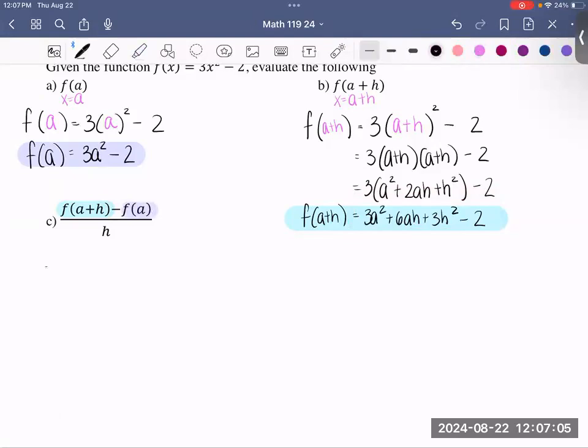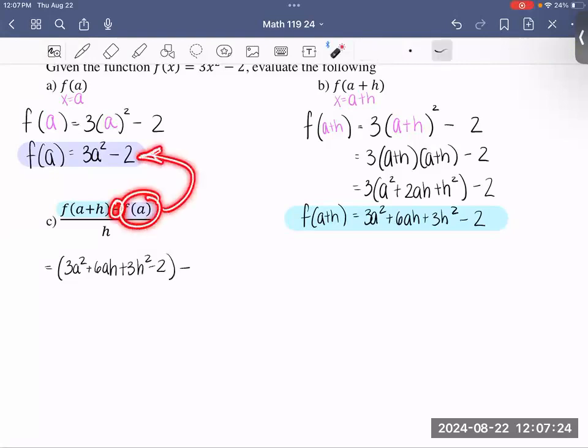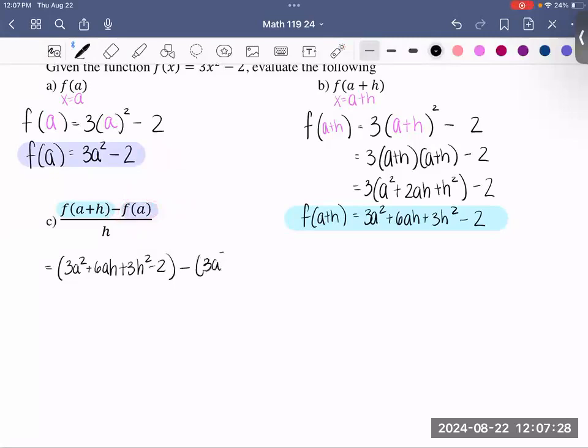So what that's going to look like, and pause the video if you want to write it, is we're taking what we got out from a plus h, we're subtracting what you get from here using parentheses, 3a squared minus 2, divided all by h.